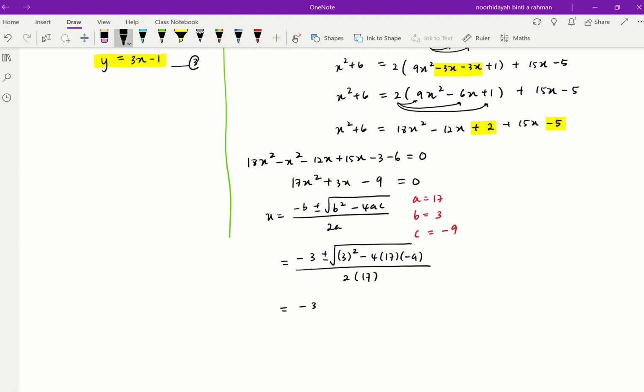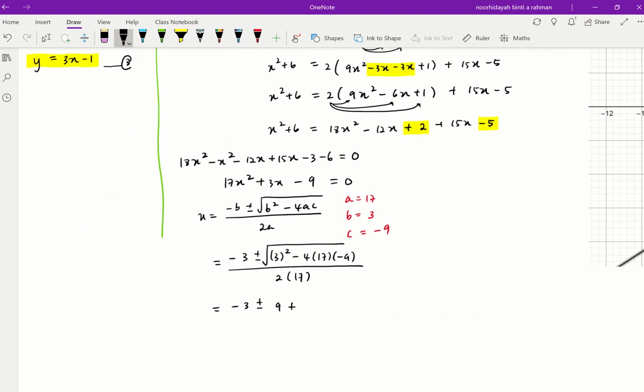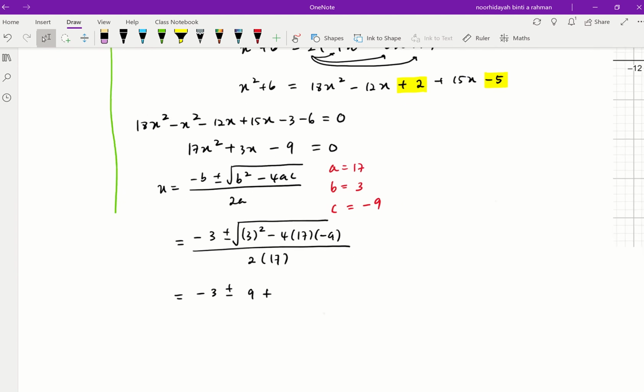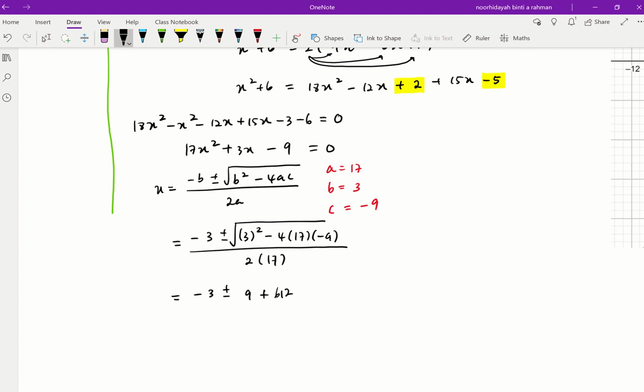So negative 3 plus or minus the square root of 9 plus, I did not bring my calculator, 9 multiplied by 4 is 36, multiplied by 17, so plus 612.